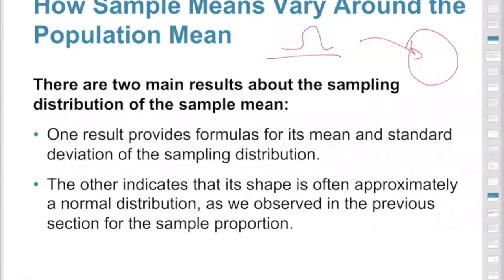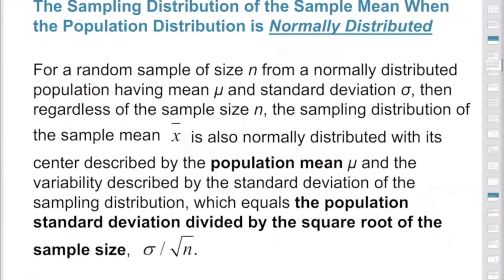What is the sampling distribution of the sample mean in this case? We have to know the mean and the standard deviation. The mean of the sampling distribution of the sample mean is equal to the population mean mu, with standard deviation sigma divided by square root of n.